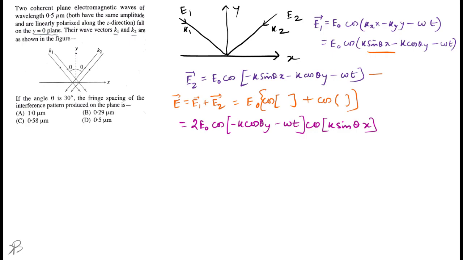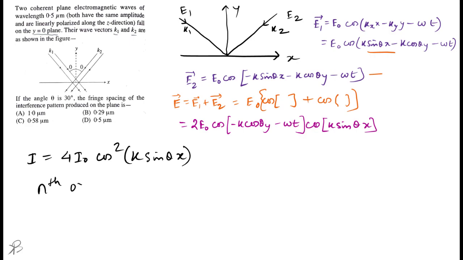And now the intensity we can calculate as 4 I naught cos square k sine theta x. So let's say we want to calculate for the nth order maxima.